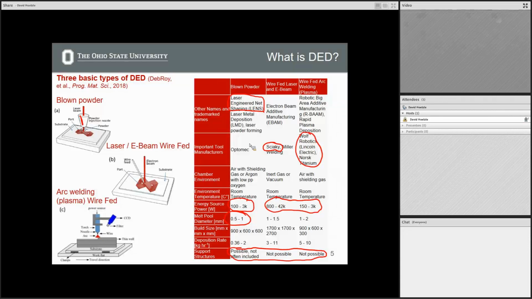So you have really well-established companies like Lincoln Electric, which has been making all types of welders for decades, now getting into the game. Norsk Titanium is a company from Norway that has gotten a lot of press for some of the things they're doing. But these are basically modified welders.